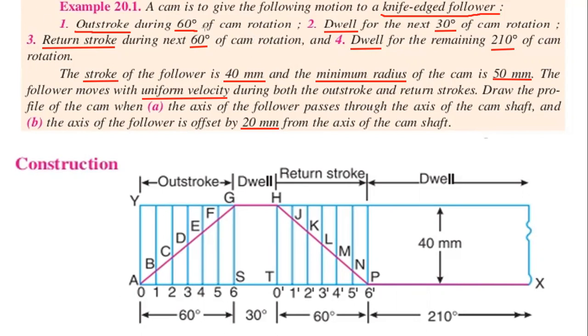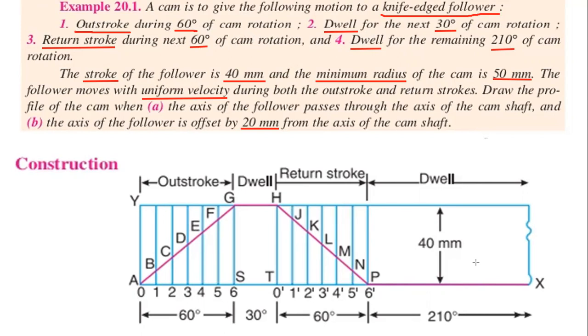So outstroke is given as 60 degrees, and dwell for the next 30 degrees, and next return stroke for the 60 degrees. So this is the information to draw the displacement diagram. So this is the displacement diagram to be drawn.